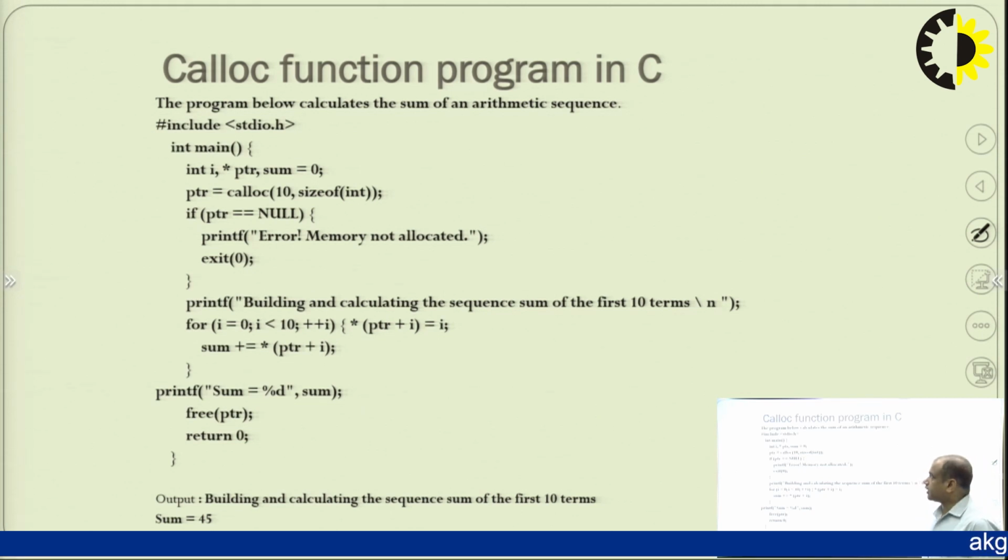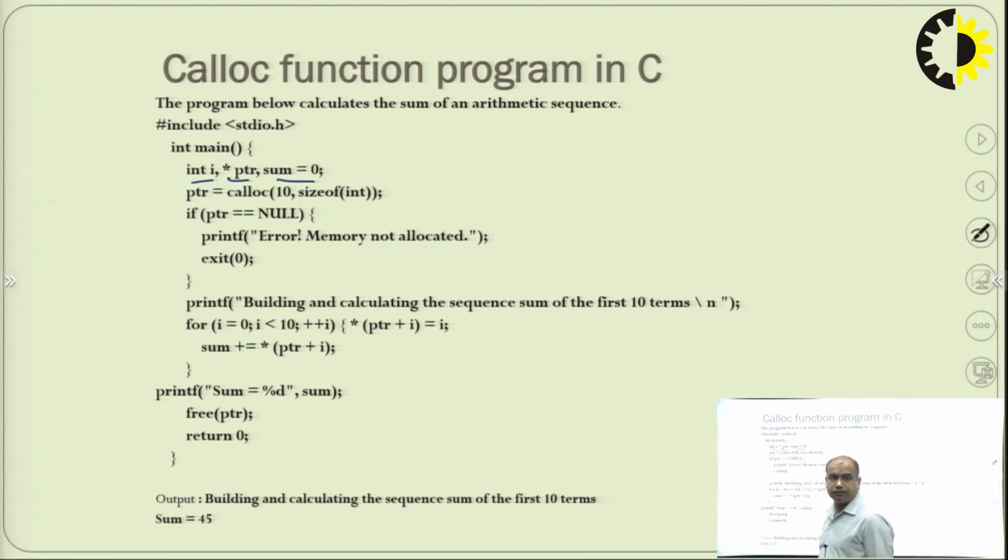In this CALLOC function program, we have taken integer i as the first variable, a pointer type variable, and sum equal to 0. ptr equal to CALLOC 10 size of int means 10 memory locations are allocated of size int, so 10 int type allocations are there.